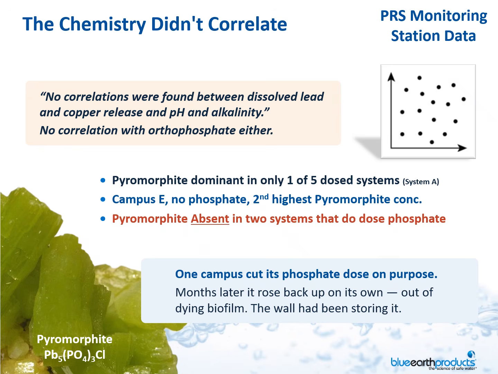Another one that I want to point out was that one campus actually cut its phosphate dose in order to essentially try to starve the biofilm. And it effectively did that, but the phosphorus increased months later as the biofilm was dying and sloughing off that material.